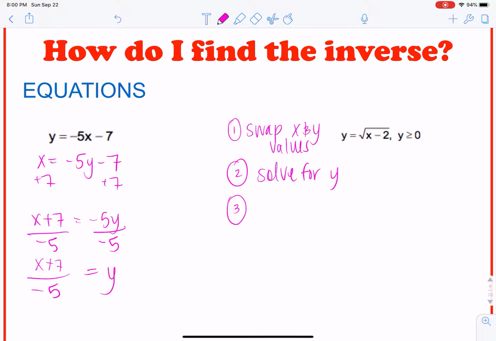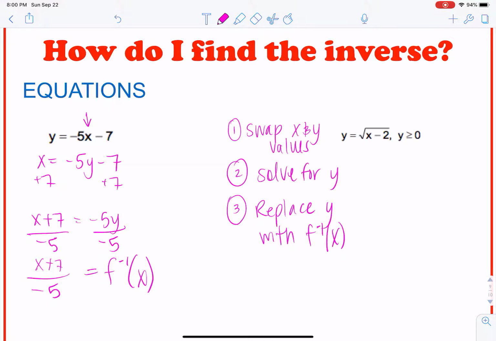And my last step is to replace y with function inverse notation. So here I can get rid of y, and I can call this f inverse of x. So thinking about how we're going backwards or doing the opposite, if I were to plug something into this function, the first thing that I would do is multiply it by -5, and then I would subtract 7.